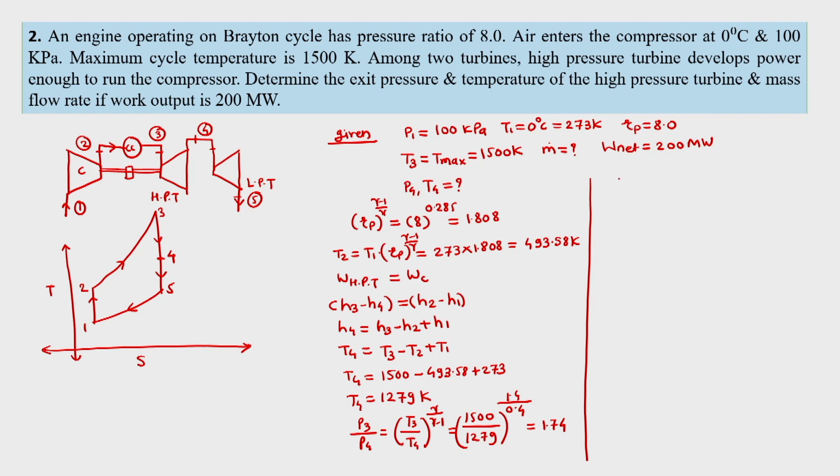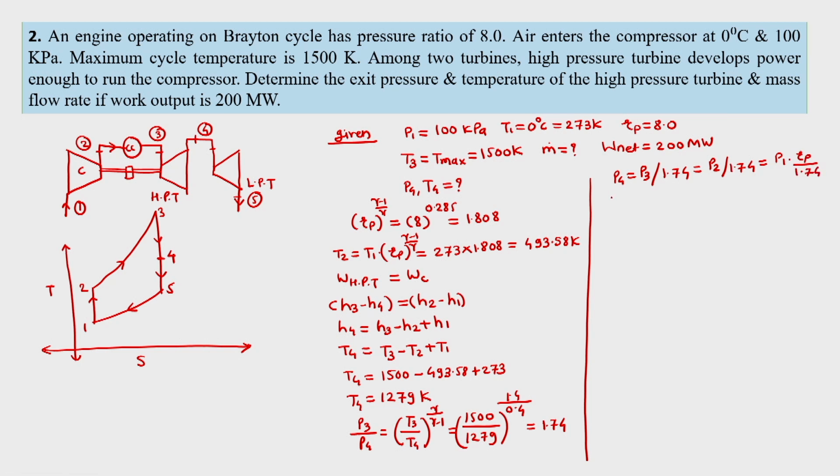So now P4 is equal to P3 divided by 1.74, but P3 is equal to P2, so it is P2 divided by 1.74, and P2 is equal to P1 into Rp.